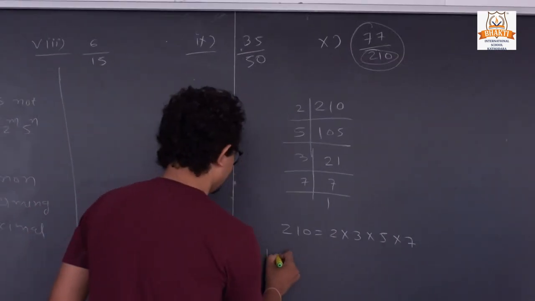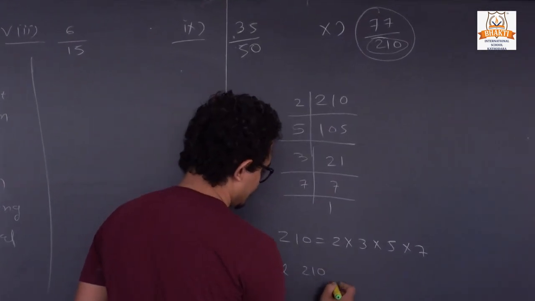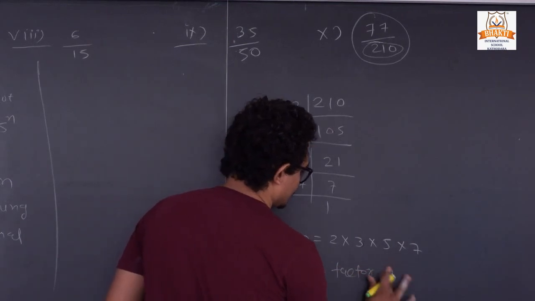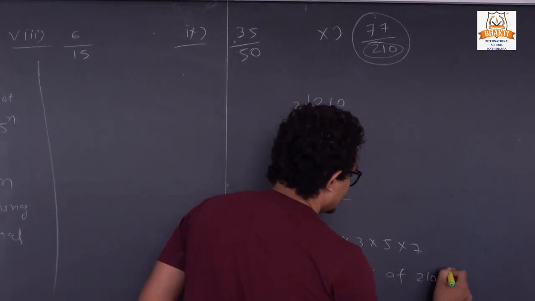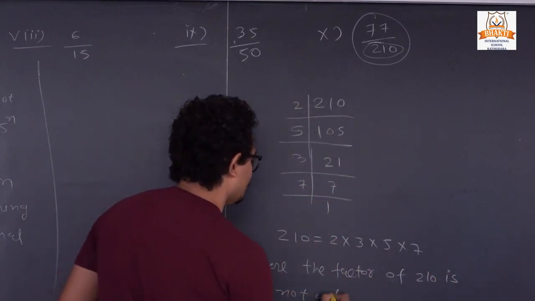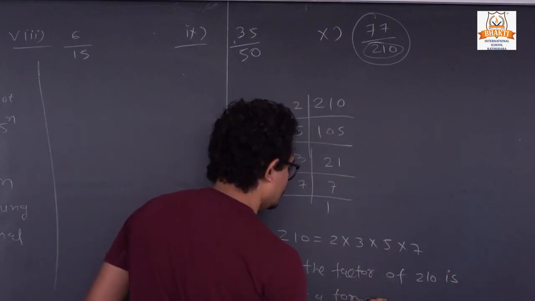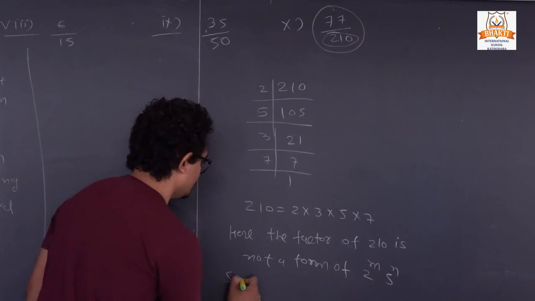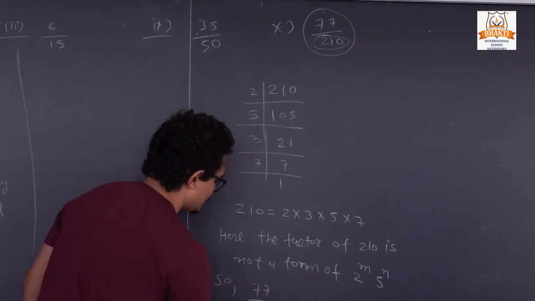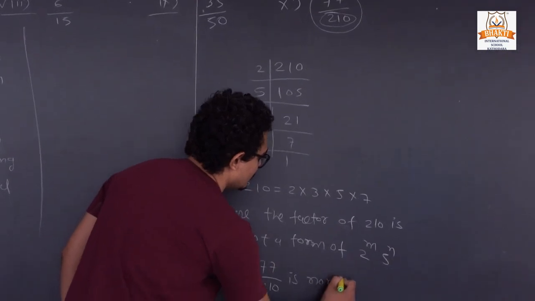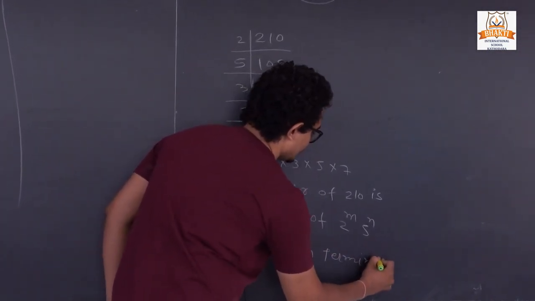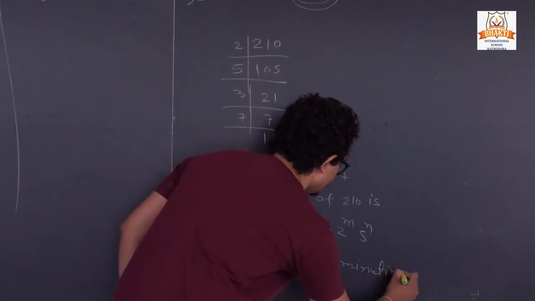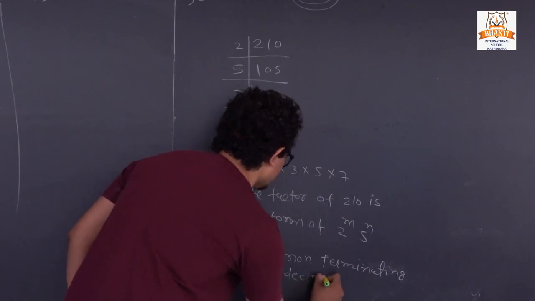So here the factorization of 210 is not of the form 2 raised to m into 5 raised to n. So 77 upon 210 is a non-terminating decimal expansion.